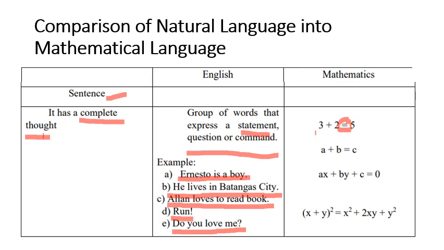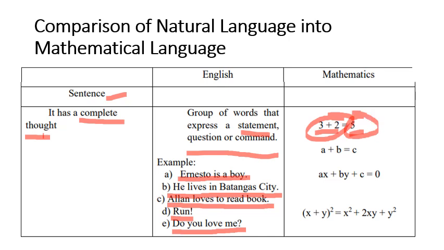It means that the left side has the same value as the right side. So, ang nakalagay dito, 3 plus 2 is equal to 5. Ayan, di ba? So, clearly, this side is of the same value as the other side of the equation.